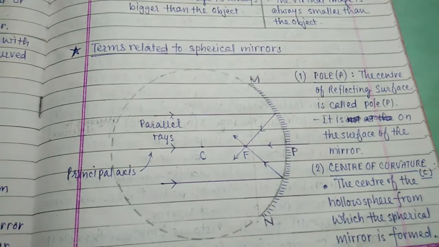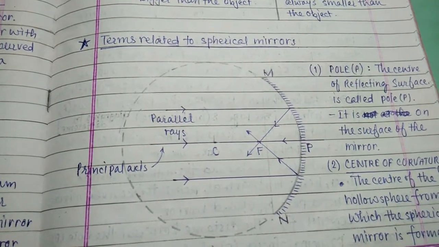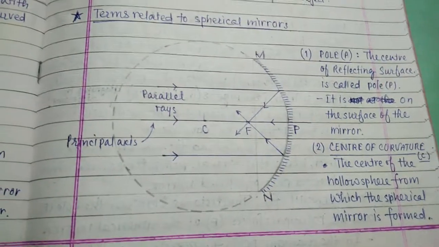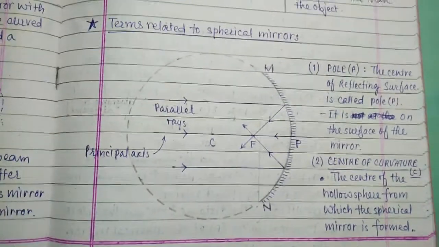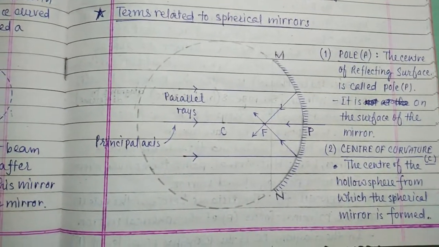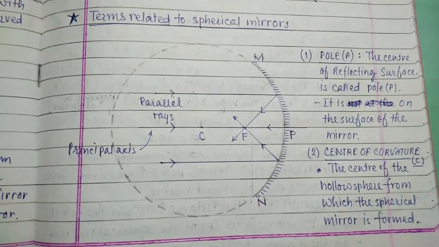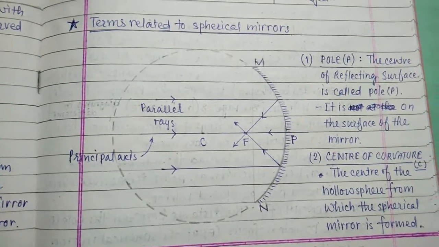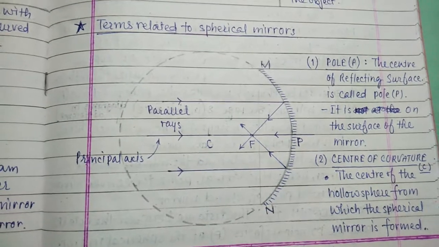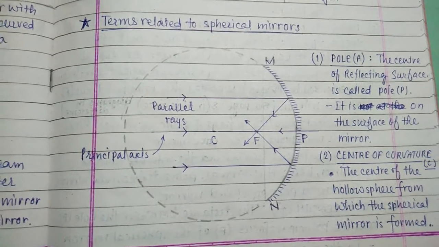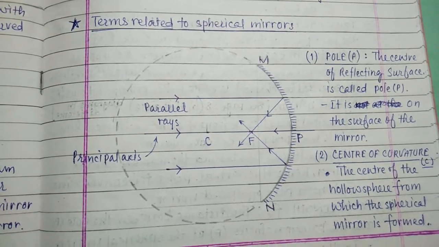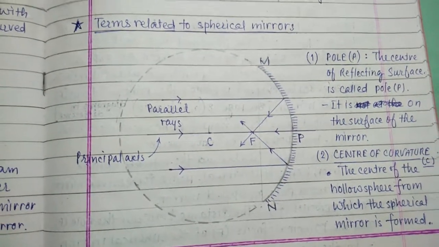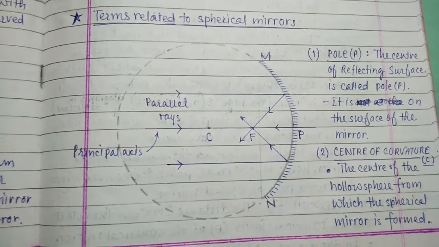Now, terms related to spherical mirrors. Some terms are important to understand spherical mirrors and image formation. Here it is a sphere, and MN is the mirror which is a part of the sphere, and the non-reflecting surface is displayed like this.